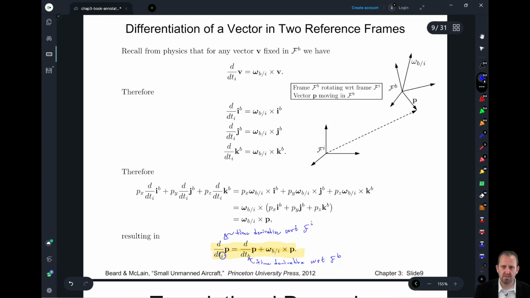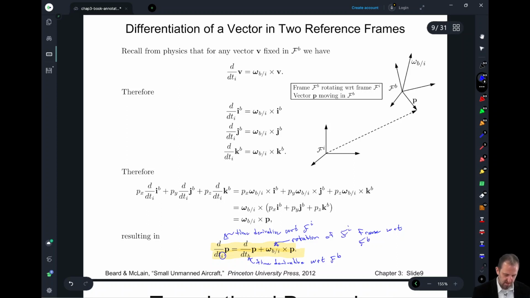So the time derivative of p in the inertial frame is given by the time derivative of p in the body frame plus this term right here. This is the rotation of the body frame with respect to the inertial frame.